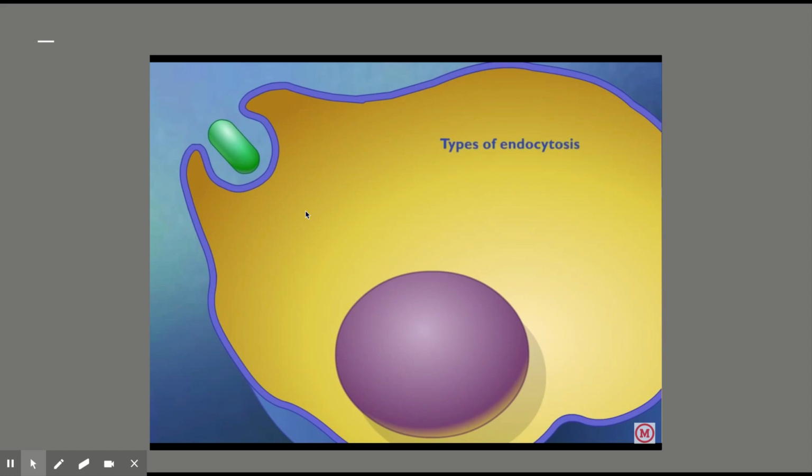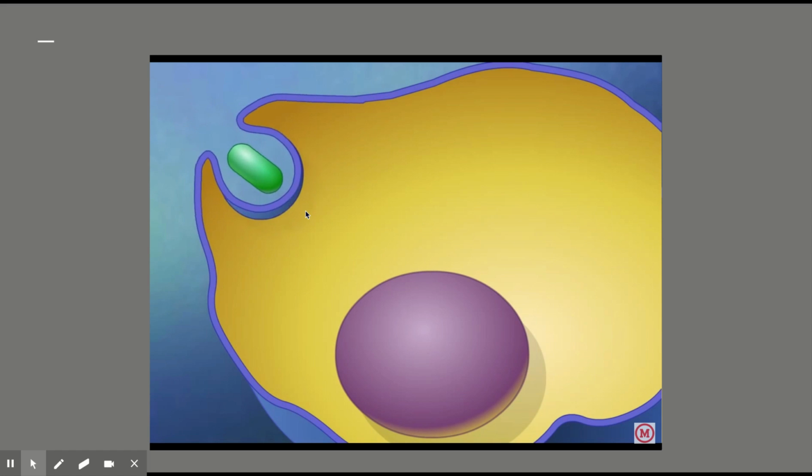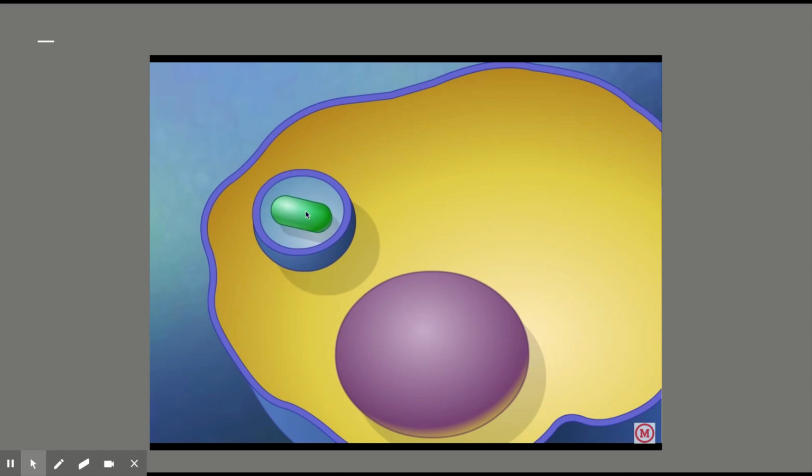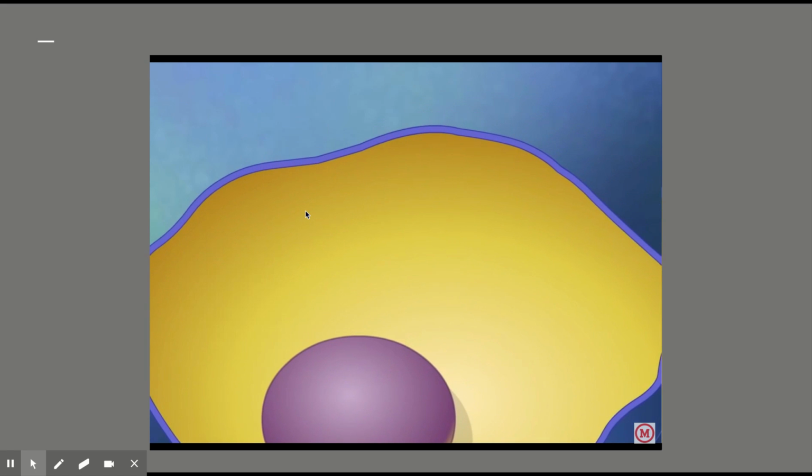Cells use three major types of endocytosis: phagocytosis, pinocytosis, and receptor-mediated endocytosis. If the material the cell takes in is particulate, such as a bacterium or a fragment of organic matter, the process is called phagocytosis. If the material the cell takes in is liquid, it is called pinocytosis.